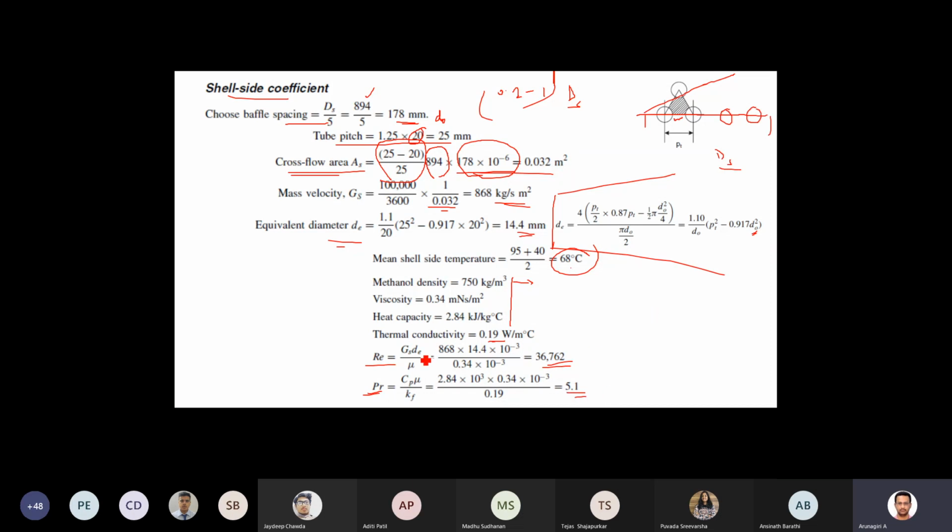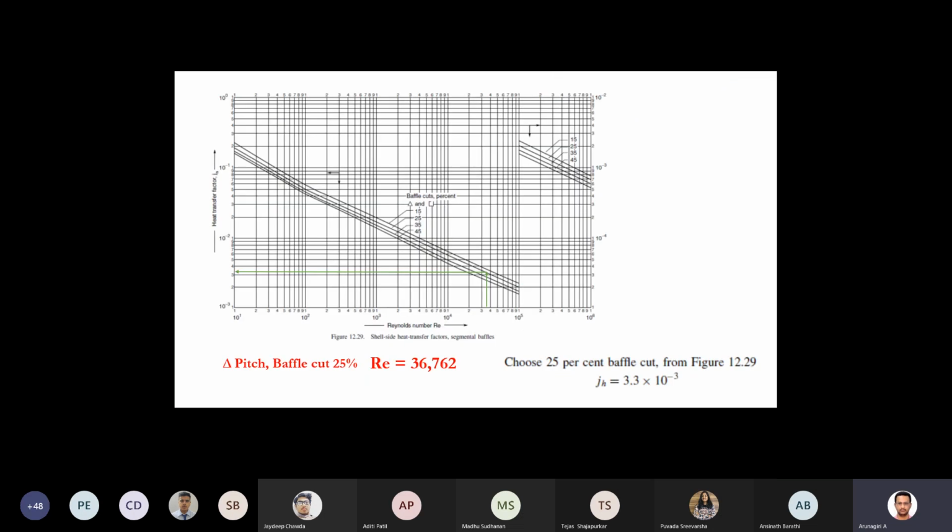So these calculations you please perform. Please check the values. Then what you should do? You have to calculate the heat transfer factor JH. Here it is a function of your baffle cut. You have taken triangular pitch and assume a baffle cut of 25%.